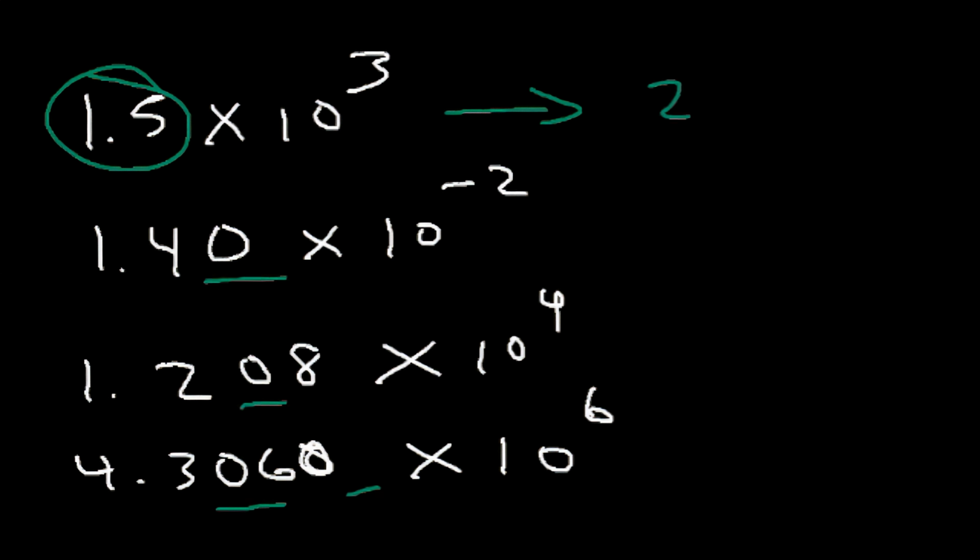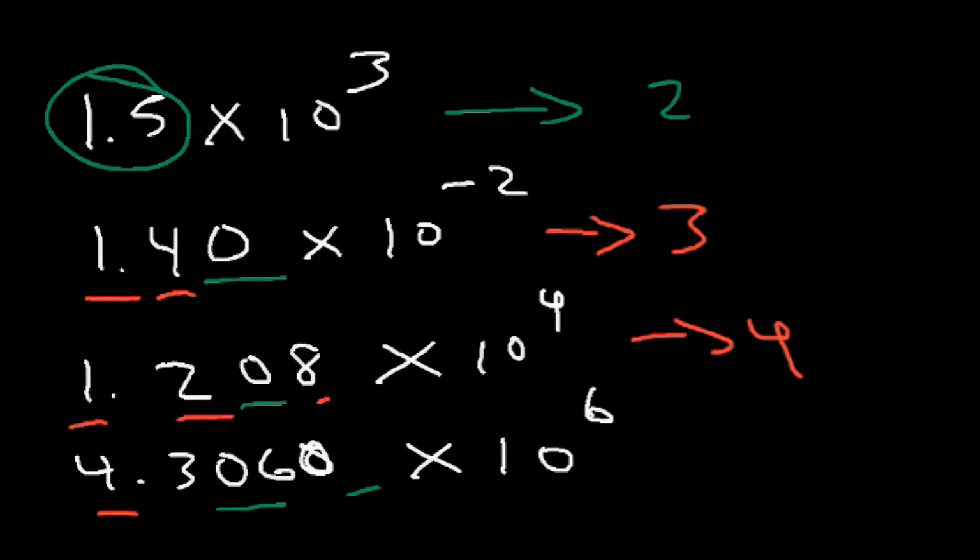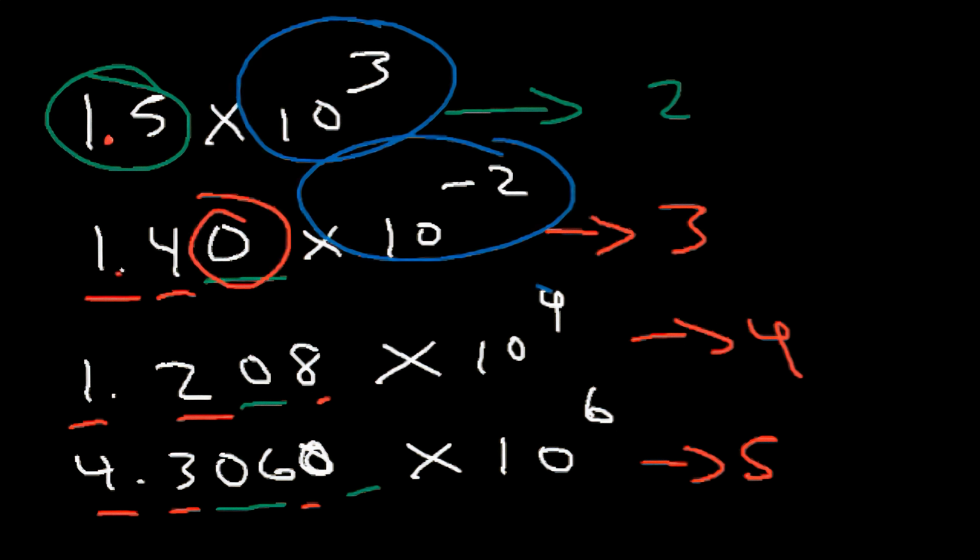So this is 2 sig figs. Here we have a total of 3, and here we have 4. And in this number we have 5 sig figs. So in scientific notation, since you're usually going to have a decimal point, the zeros to the right of a non-zero number will be counted. And you don't have to worry about the multiplier. That's not related to sig figs, so you can just ignore it.